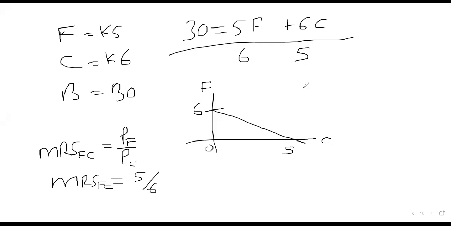But if they say marginal rate of substitution, Coke for Fanta, you start with the first thing that was mentioned. Price of Coke over price of Fanta. The price of Coke in this case is 6. Price of Fanta is 5. So this is what we call the marginal rate of substitution.